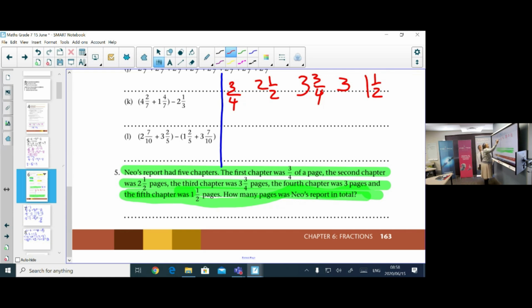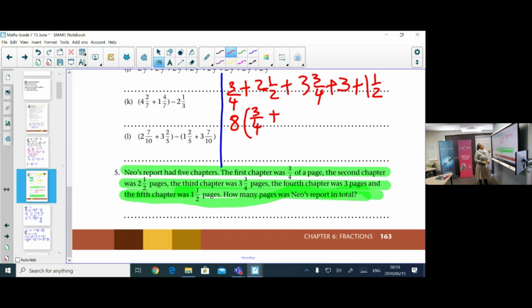So in other words, we need to add. And I've shown you that when you add, it's simple. We just add the whole numbers first, which is 2 plus 5 plus 3 is 8. And then we are having 3 over 4.